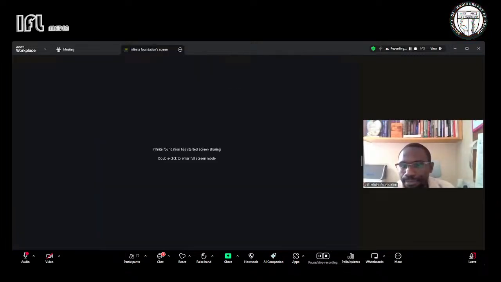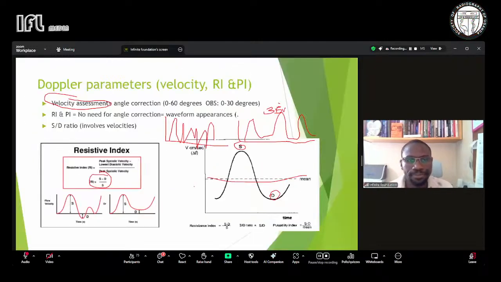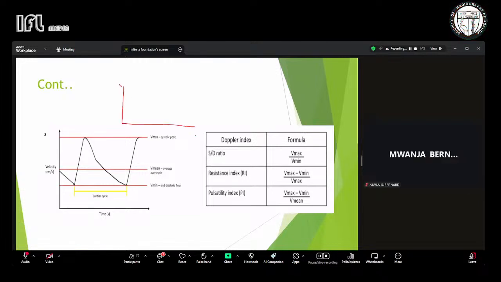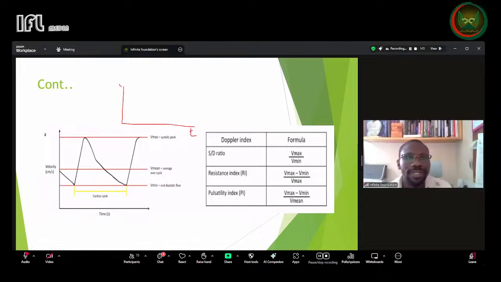It is maybe a little bit complicated. You have your time, and you have your velocity here. So you have your waveform coming there, and what you need is to get the average. We have the peak systolic there, and you have time along the way.